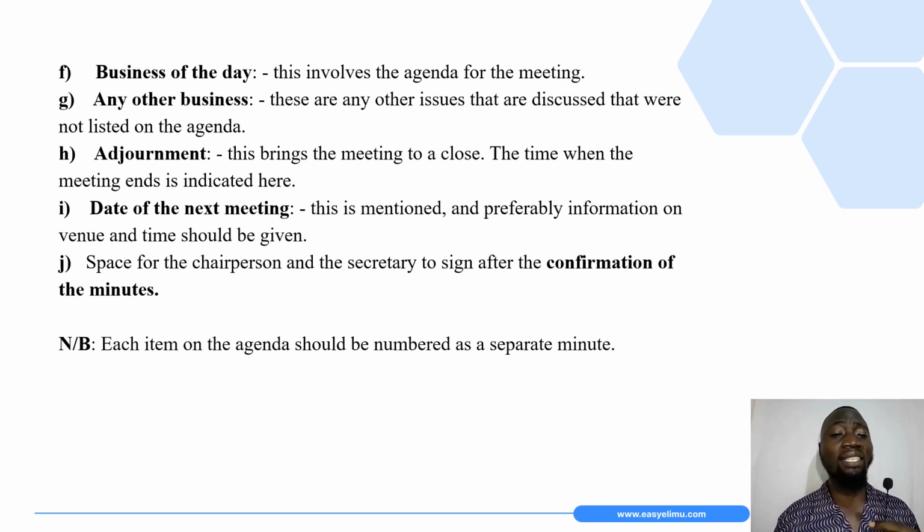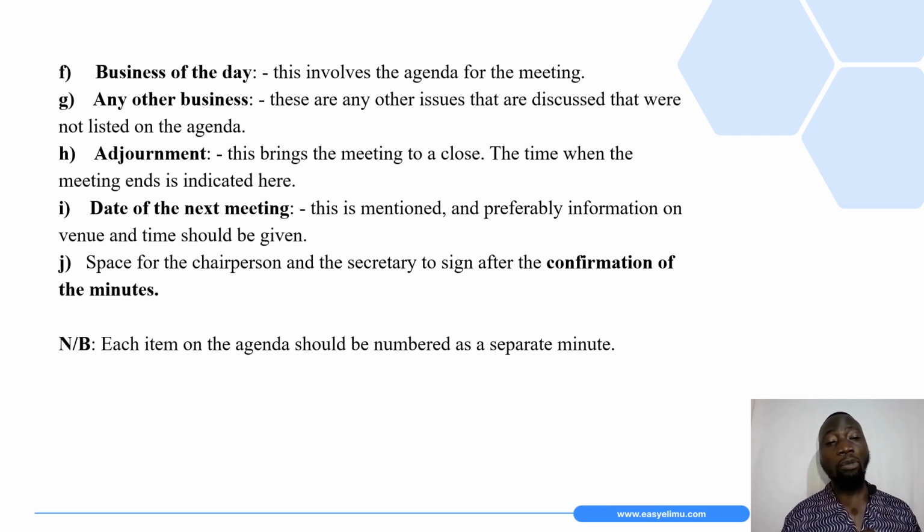So from business of the day, we move to AOB, that is any other business. So these are any other issues that are discussed that were not listed on the agenda. They are issues that are cropping up after the main businesses have been discussed. After that, we have adjournment.